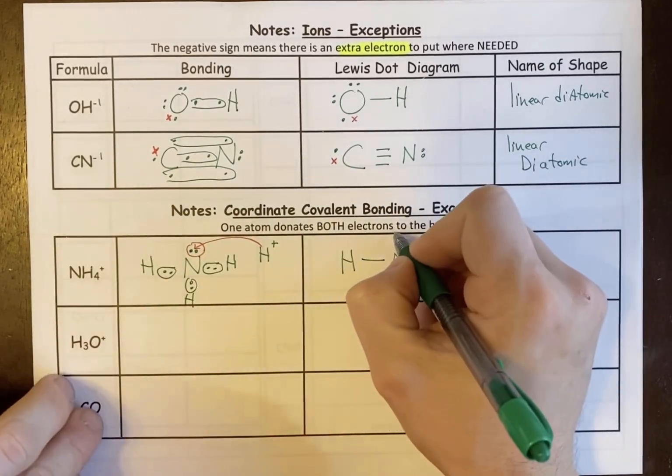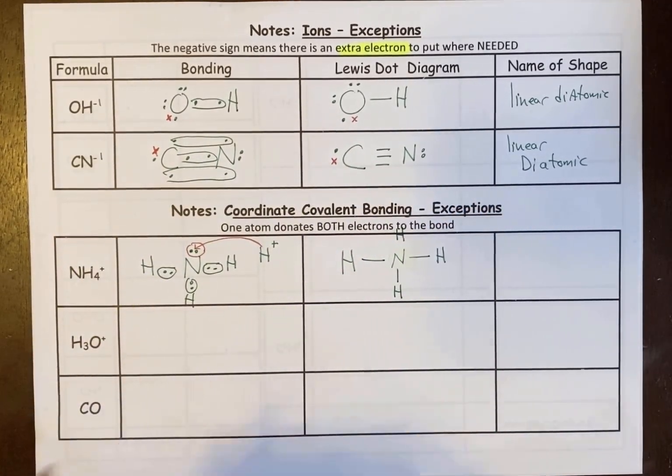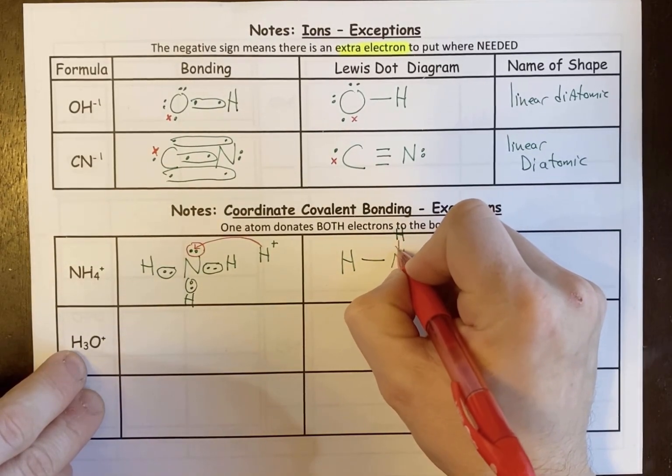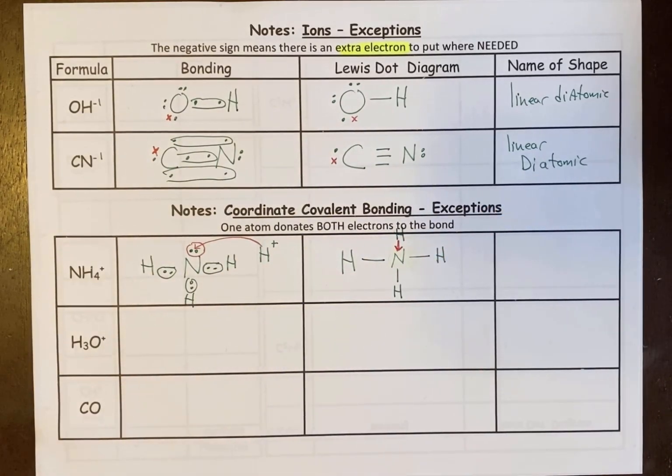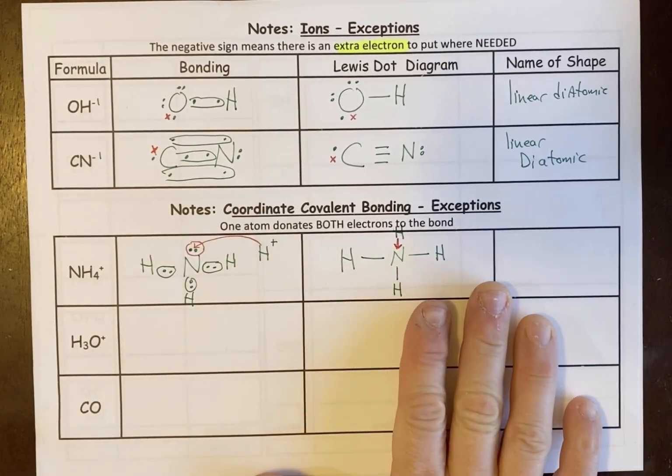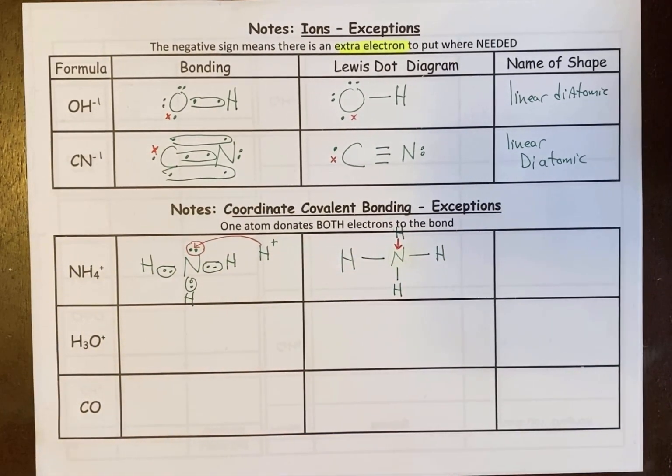So what we do is you draw the bond as an arrow like that. I'm not going to put in polarity arrows, it would be too much. But it would look like that, and I just made it red. It doesn't have to be. So you just use an arrow like that to show that this bond is a coordinate covalent bond.